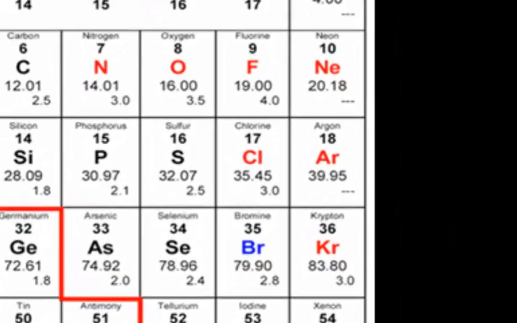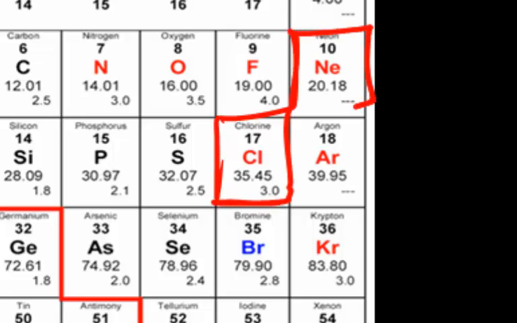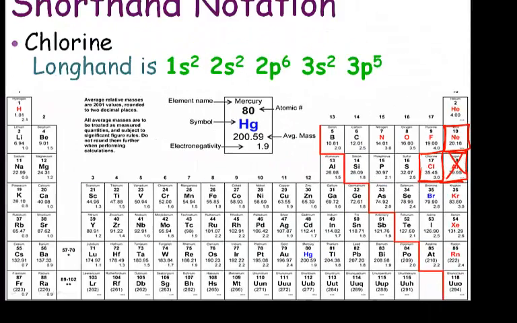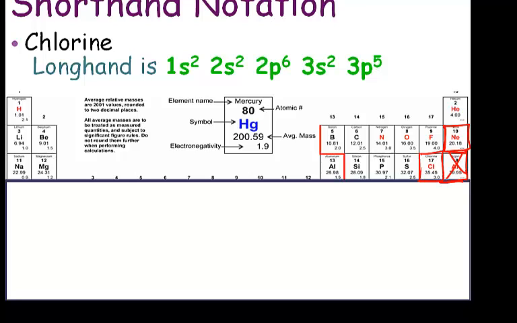So here's chlorine, element number 17, which means the two noble gases are neon or argon. Well, argon has 18 electrons, so it has too many. So what we're going to do is select neon and put neon in the brackets.